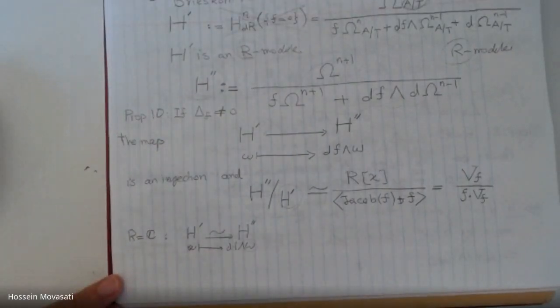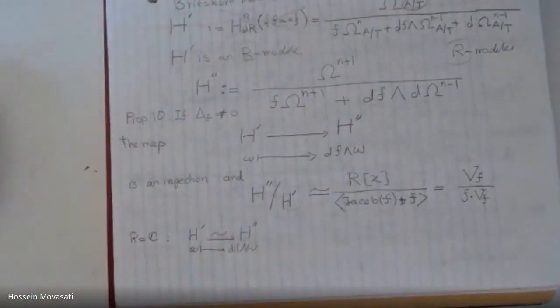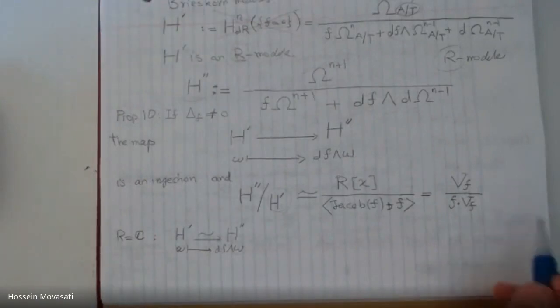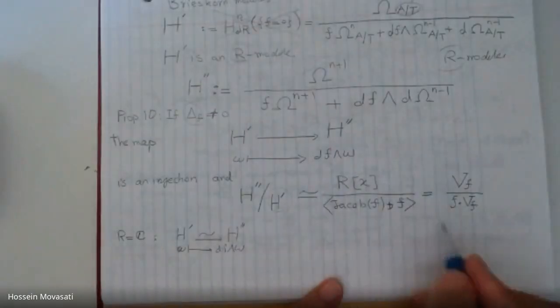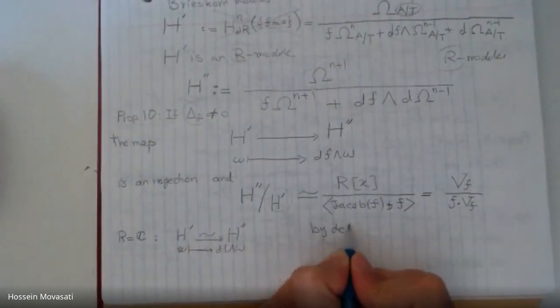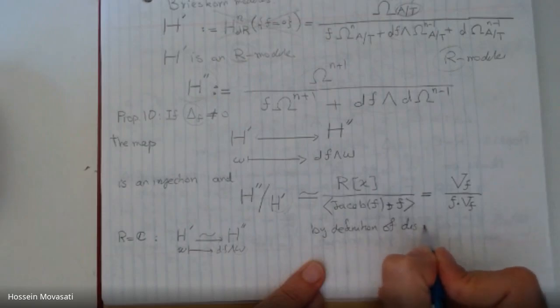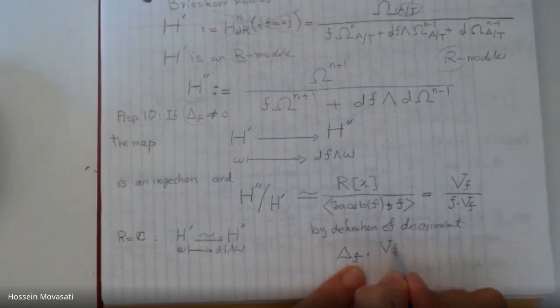Maybe let's say the other case also. If we want to be purely in the algebraic framework, and delta f is not equal to 0, by definition delta f multiplied by this V_f quotiented by f V_f is 0.